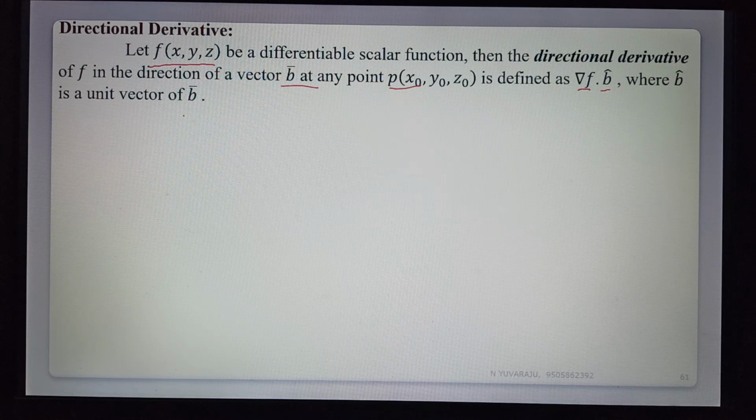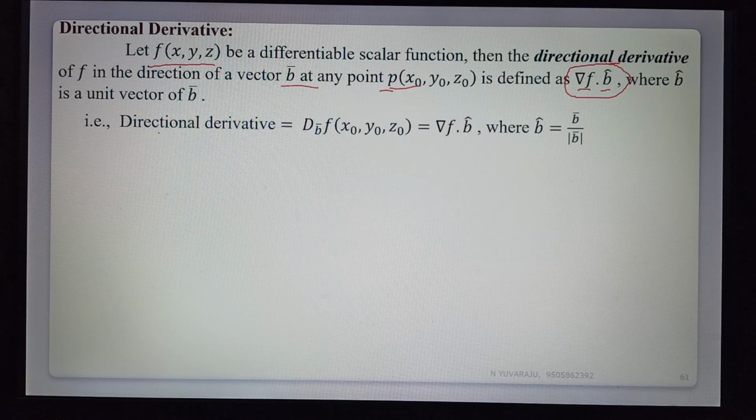Del f is a normal vector, and b cap is the given direction unit vector. So the directional derivative is del f dot b cap, where b cap is equal to b bar by mod b bar.